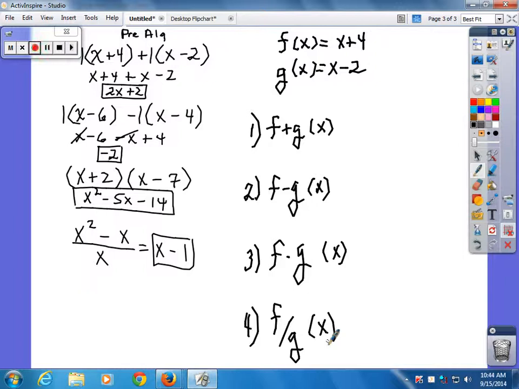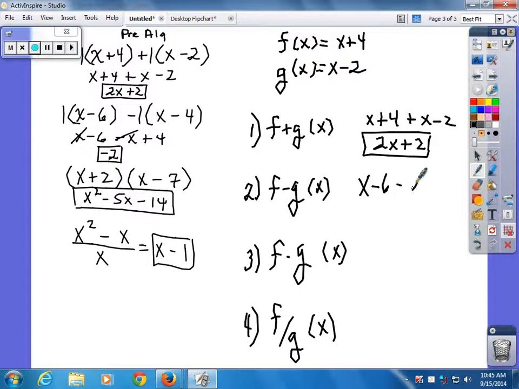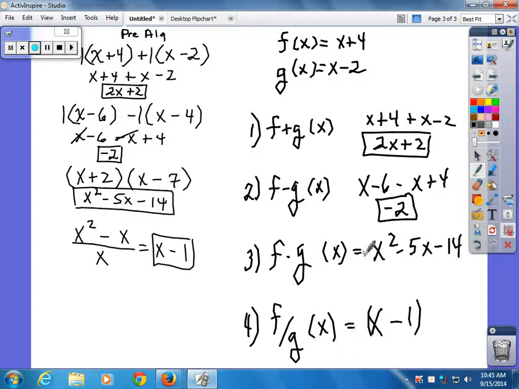So the first one is x plus 4 plus x minus 2, and you get the same thing, 2x plus 2. x minus 6 minus x plus 4, and that gives you negative 2. Same thing. This one will give you x squared minus 5x minus 14. Same thing. And this one will give you x minus 1. Okay?